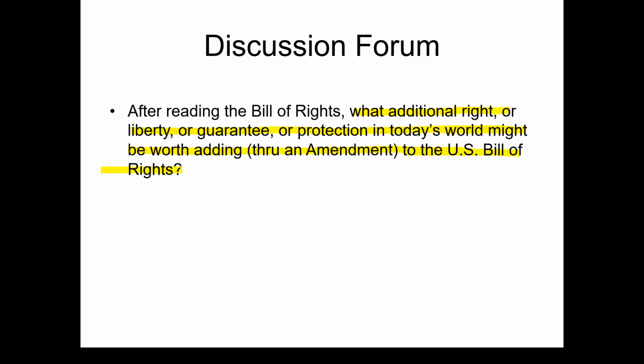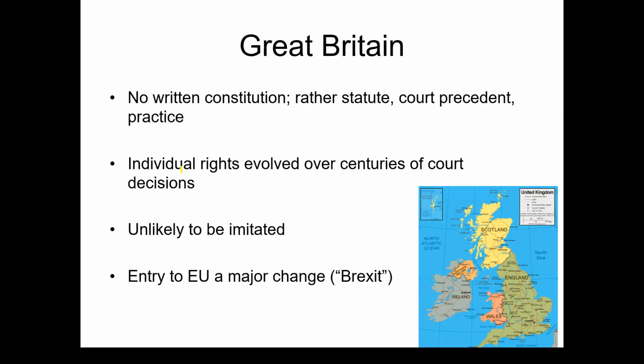This is your assignment to brainstorm that, and in a couple of sentences or so, say what might be an additional right, liberty, protection, or guarantee that you would consider adding to our current Bill of Rights. What might be a new one worth adding in today's world? So that's going to be the discussion forum.